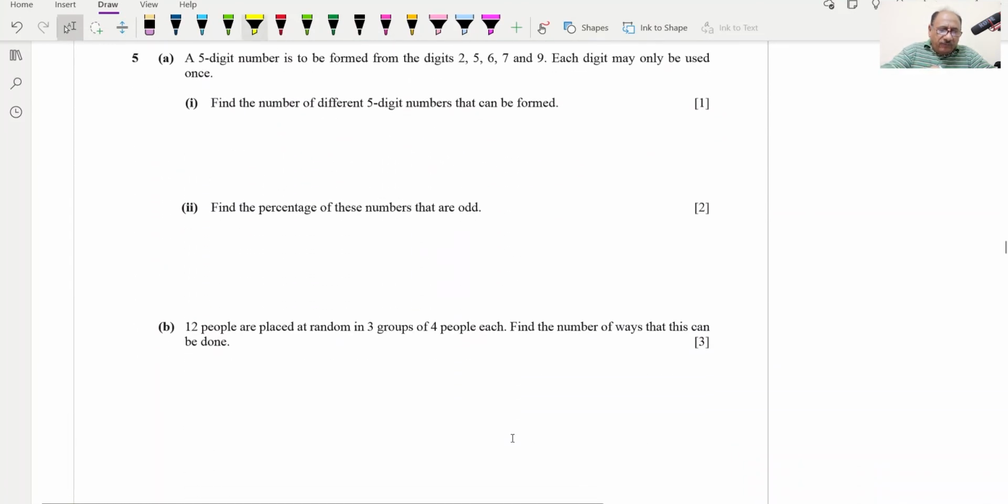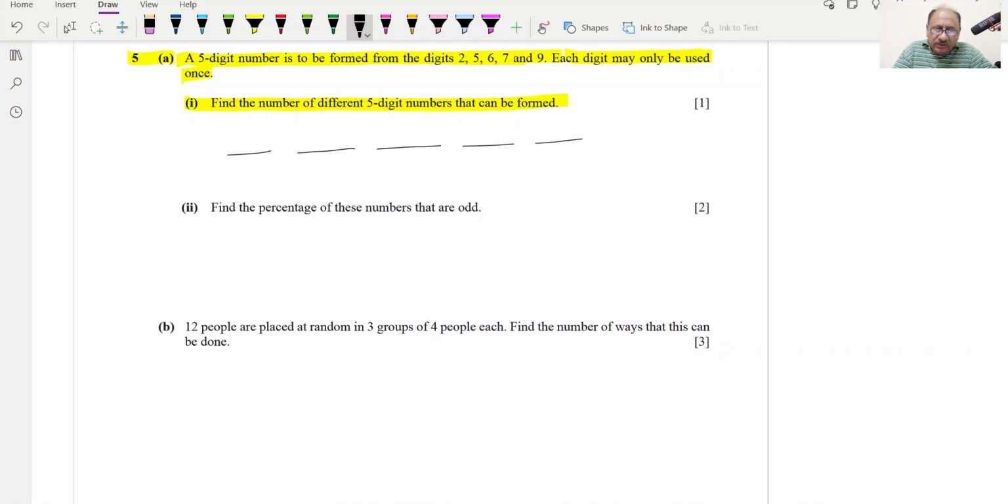Now question number 5. Question number 5 says a 5-digit number is to be formed from these 5 digits: 2, 5, 6, 7, 9. Each digit may only be used once. So find the number of different 5-digit numbers that can be formed. So we can take 5 positions, 1, 2, 3, 4, and 5.